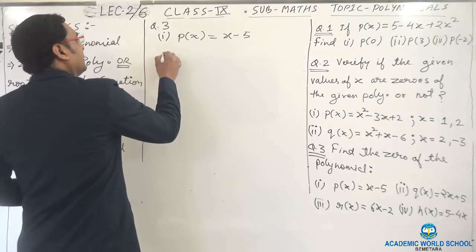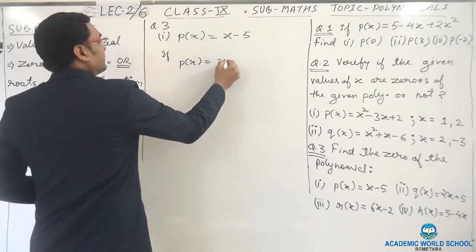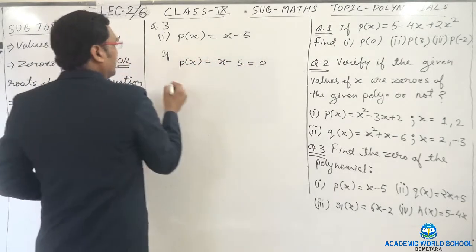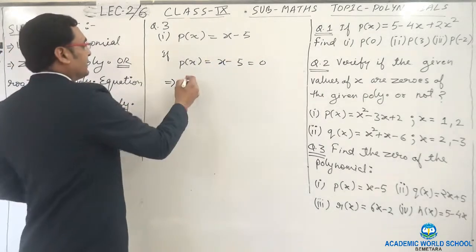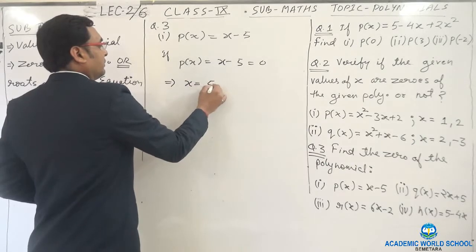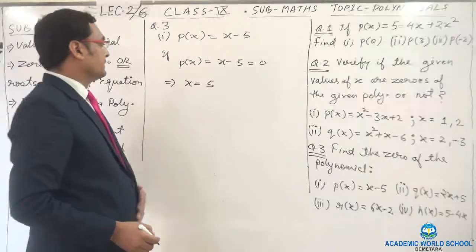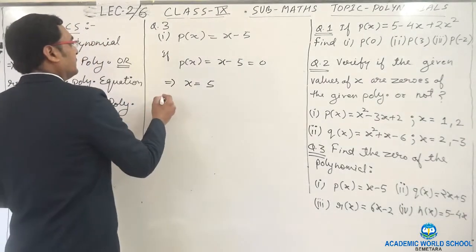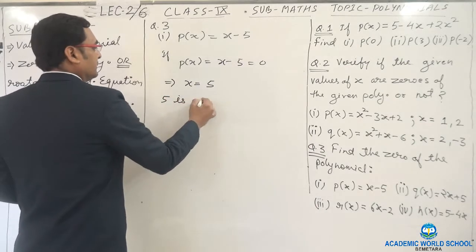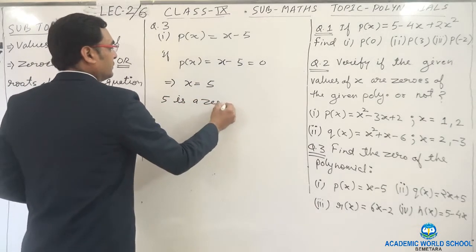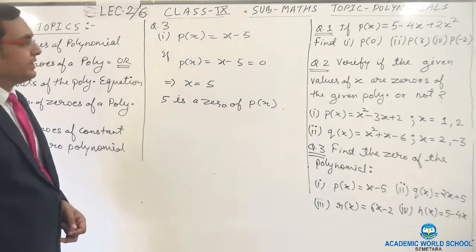So if p(x) is equal to x minus 5 is equal to 0, this is a simple linear equation in one variable. Solve it. x is equal to 5. So the 0 of this polynomial is 5. Is a 0 of p(x).